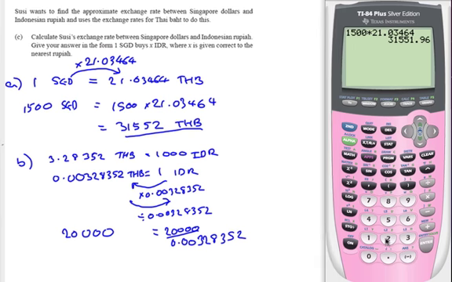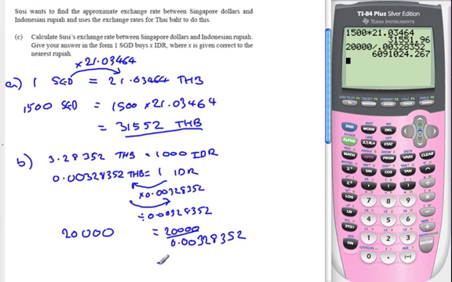Let's do that here. 20,000 divided by 0.0032832. Enter. And it says give the answer to the nearest 1,000. So that's 60900.